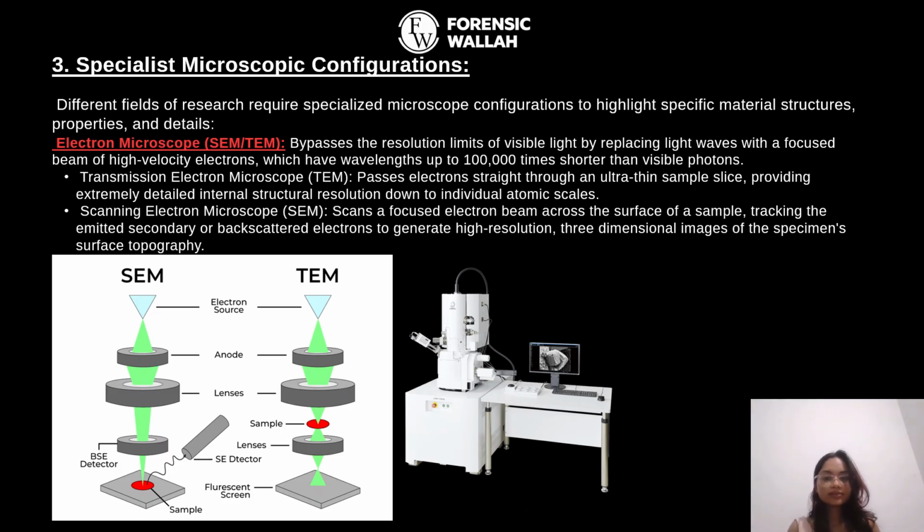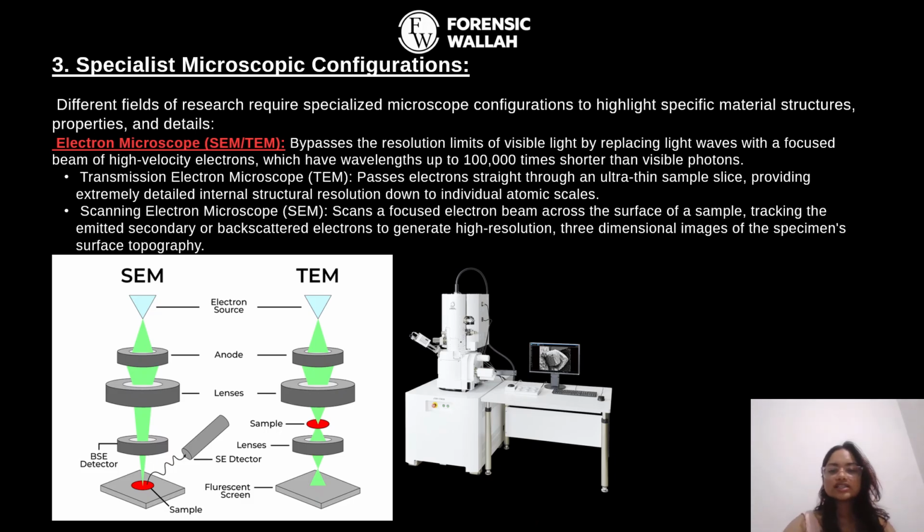Electron microscopes completely bypass the resolution limit of visible light by replacing the light waves with a highly focused beam of high velocity electrons. Because these accelerated electrons have wavelengths up to 100,000 times shorter than visible photons, they can resolve features that are orders of magnitude smaller.